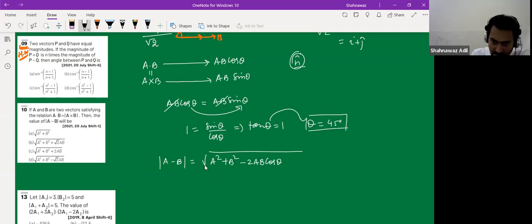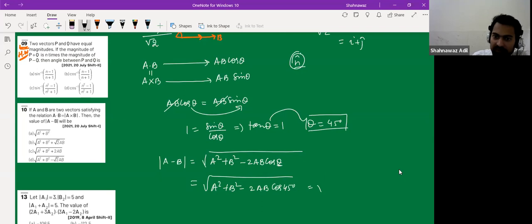So this would be how much? A square plus B square, and we know the angle between A and B, right? So this is 45.